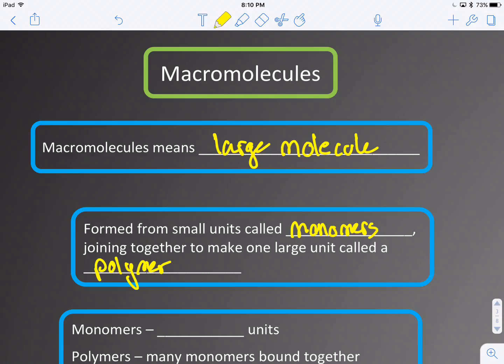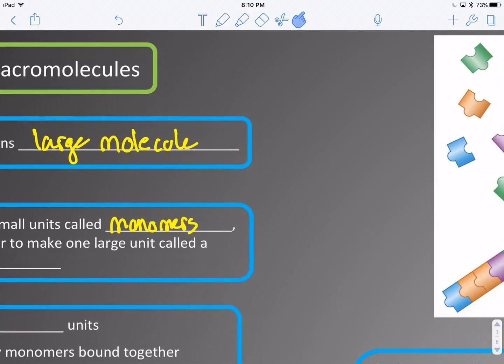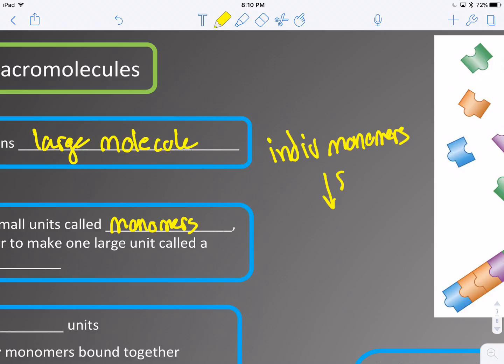Okay? And a way you can think about this is individual monomers, they fuse together. These make polymers.